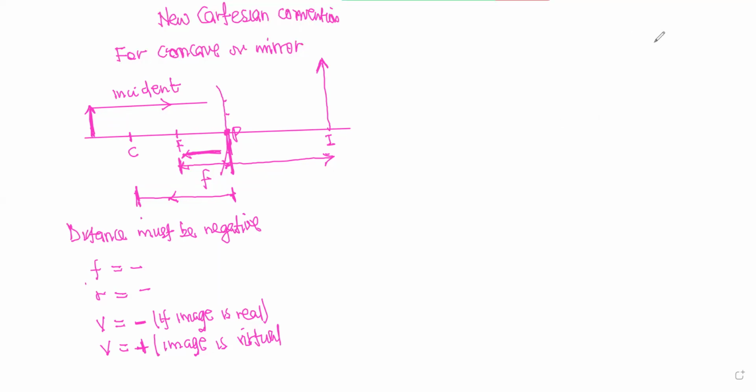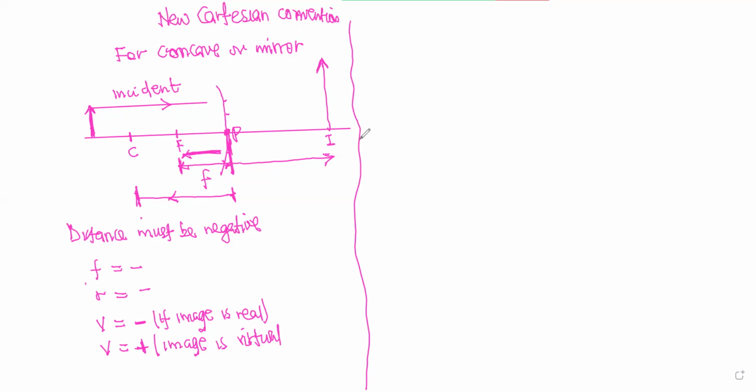So let's apply it. No matter how the object is placed, whether it is placed at the left or right, this is the convention that will be used for NC.